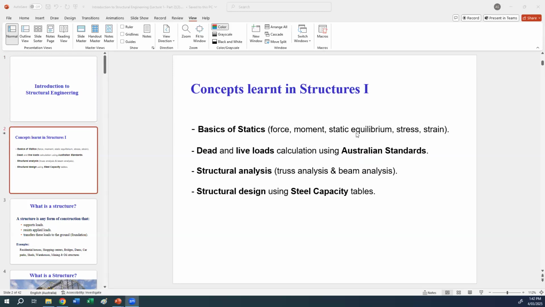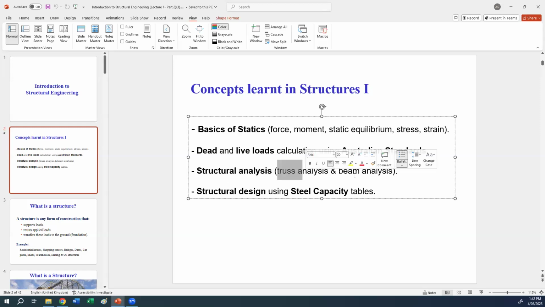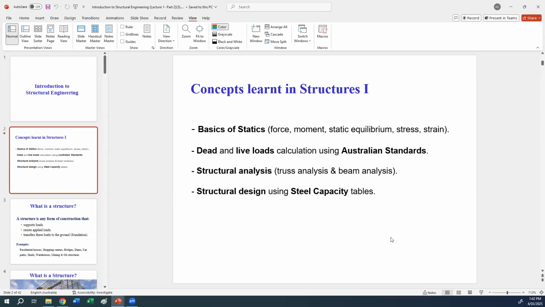Forces, moments, equilibrium equations, stresses, strains, dead and live load calculation using standards, structure analysis like truss analysis or beam analysis, and structure design using steel capacity tables. How many of you can remember these concepts?